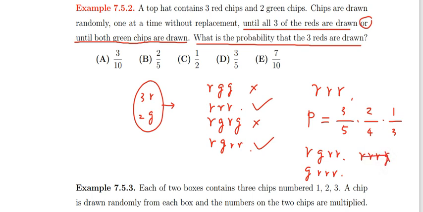So could be, let's say R, yeah, could be R, G, R. So we have those 3 cases. So let's check what is this probability, RGR. So RGR probability 3.